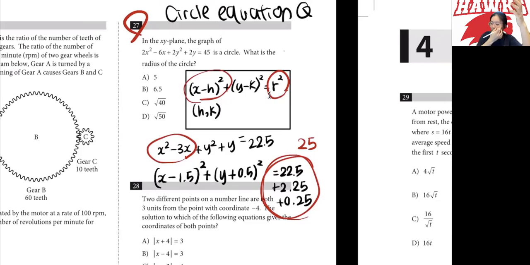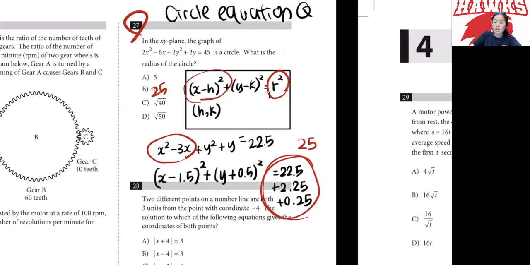You can't just say, oh, since it's on the right-hand side of the equation, 25 is going to be the radius. No, that's the biggest mistake you can make. Unfortunately, in the options, you don't have 25. You only have 5, 6.5, root 40, and root 50. So they're not trying to trick you for this question, but they usually have 25 in the options, and then you're like, oh, 25 is right, and that's going to be a careless mistake.